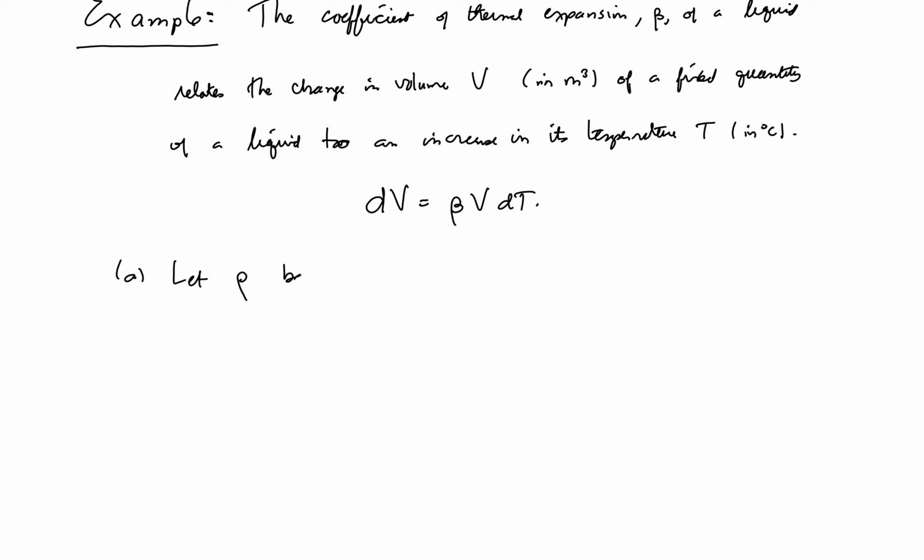Okay, so let rho be the density in kilograms per meter cubed of water.